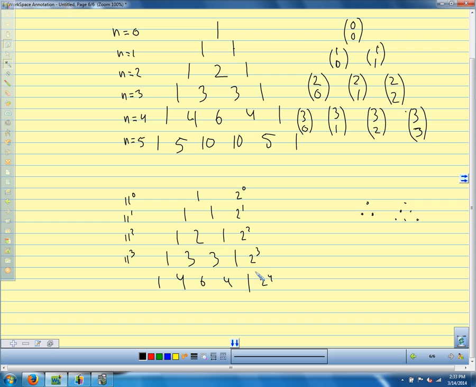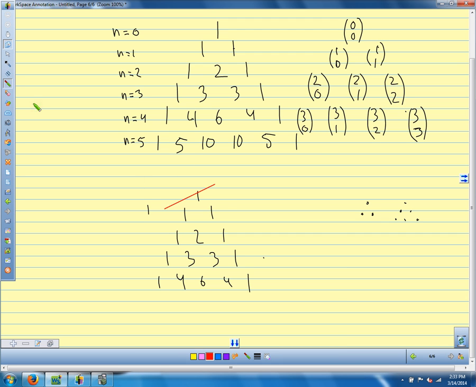And I mentioned the other day the Fibonacci sequence. If we take what we call the shallow diagonals of Pascal's triangle, I'm going to erase these powers of 11 here and the powers of 2. So we take the shallow diagonals. There's 1. Take this shallow diagonal, I get 1 again.